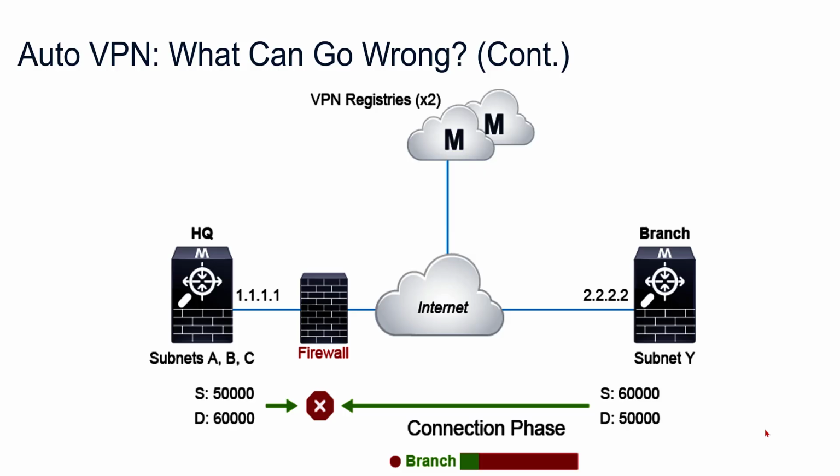If the firewall is stateless or restrictive, the return traffic is going to get dropped, and hole punching is going to fail. So the best practice is allow those ports. Allow bidirectional flow between the peers. Make sure that the firewall tracks sessions and allows return traffic automatically.